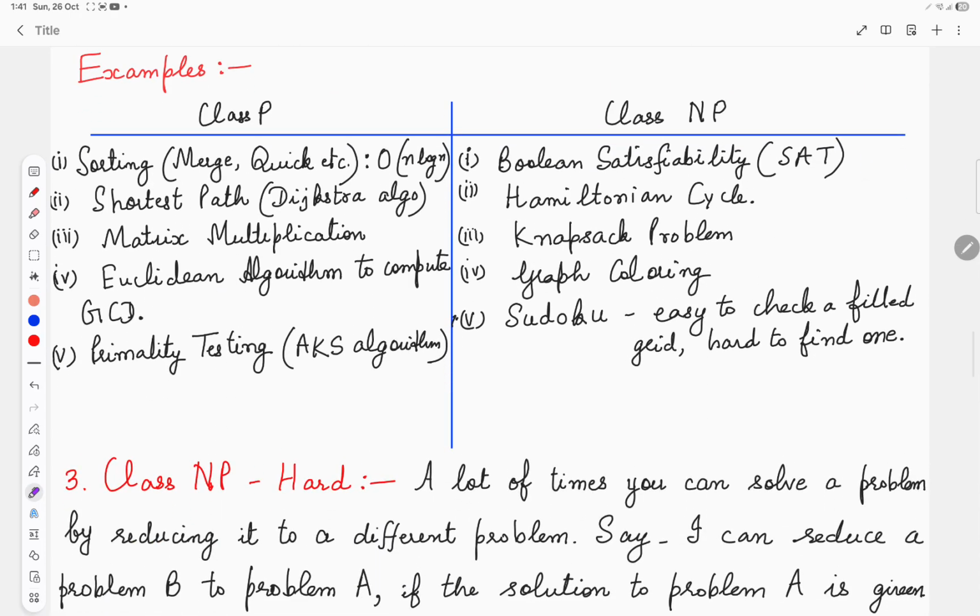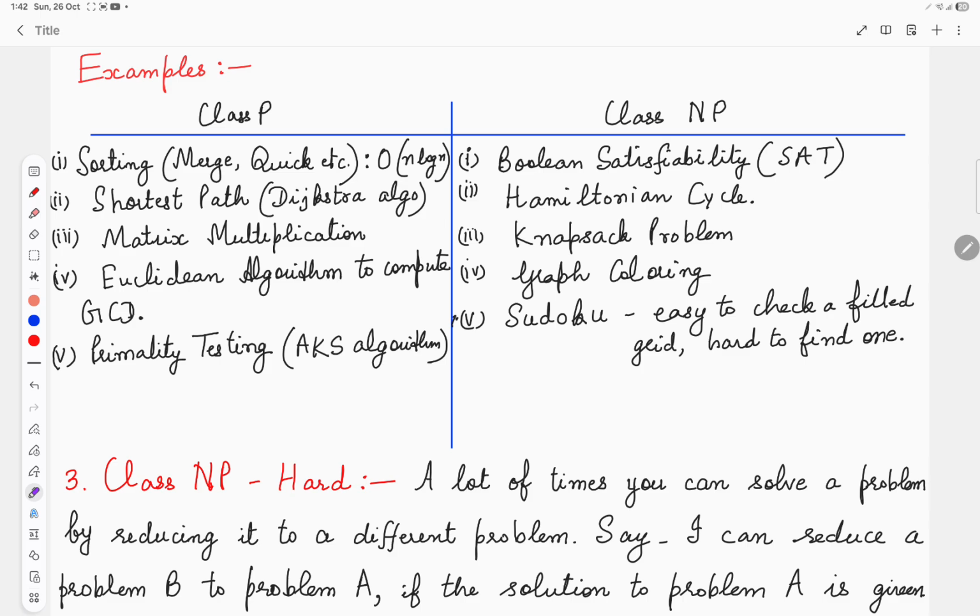As examples, P type of problems are like sorting, Dijkstra's algorithm, matrix multiplication, finding the greatest common divisor using the Euclidean algorithm, and primality testing using the AKS algorithm.